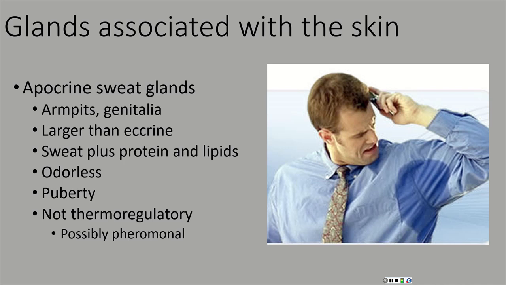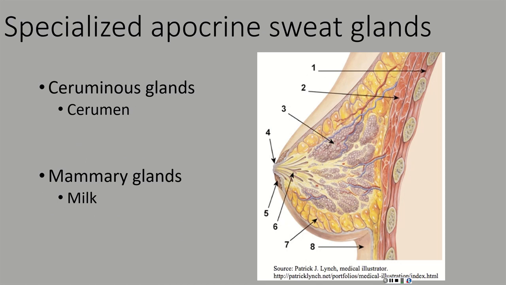But when they look at their immune systems, the immune systems are still complementary. So that further shows that pheromonal activity is a very, very strong possibility for what these apocrine sweat glands function as.